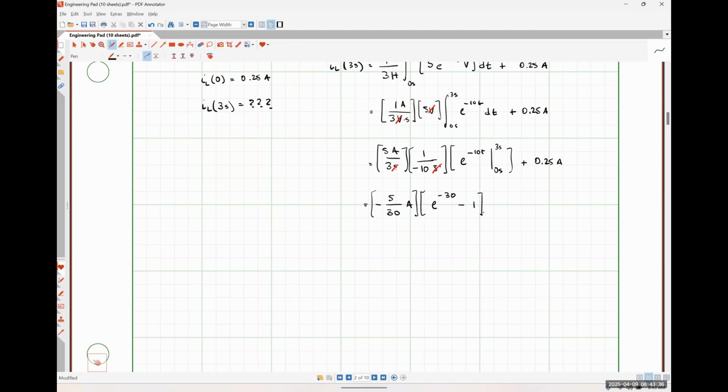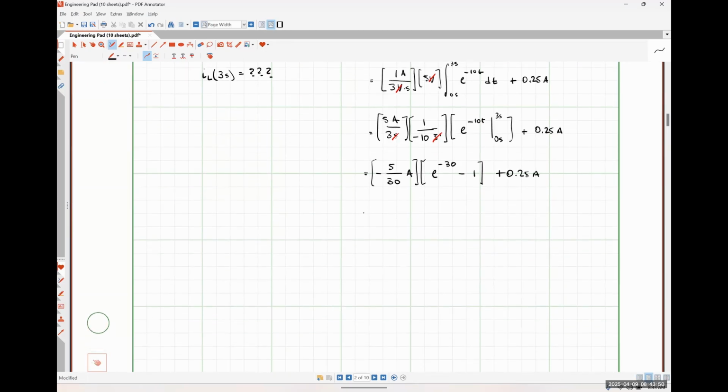Seconds and per seconds. So seconds and then seconds to the -1 power. Plus 0.25 amps. So distributing this through, I'm going to have a DC term of positive 5/30 plus 0.25 minus 5/30 times whatever e to the -30 is.